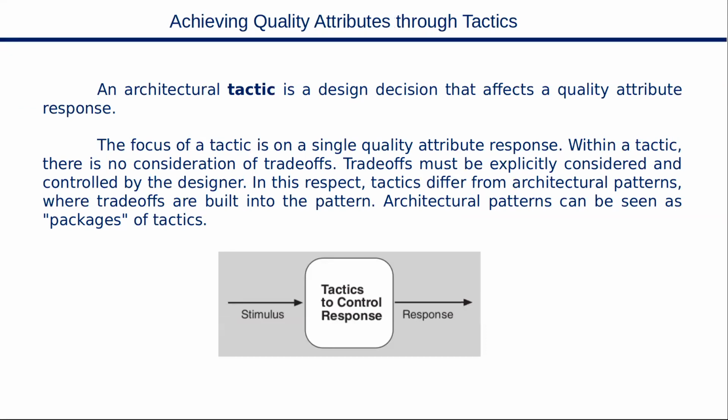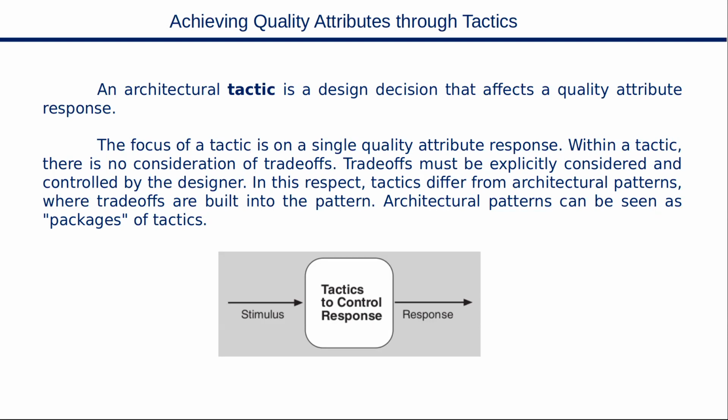What are tactics? An architectural tactic is a design decision that affects a quality attribute response. So these are decisions that will affect your architectural characteristics. You know that you have to achieve these characteristics.